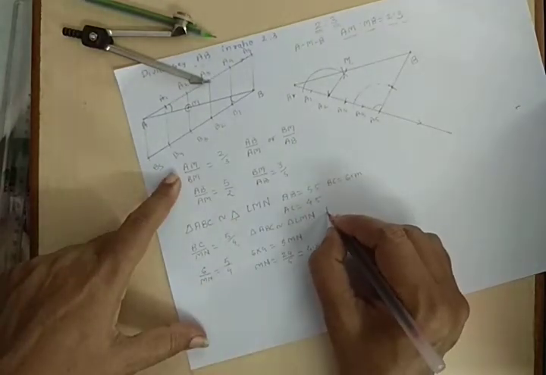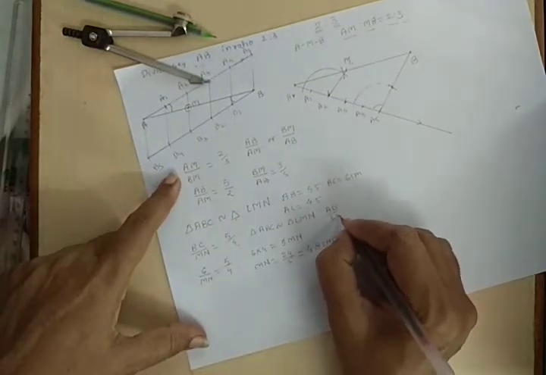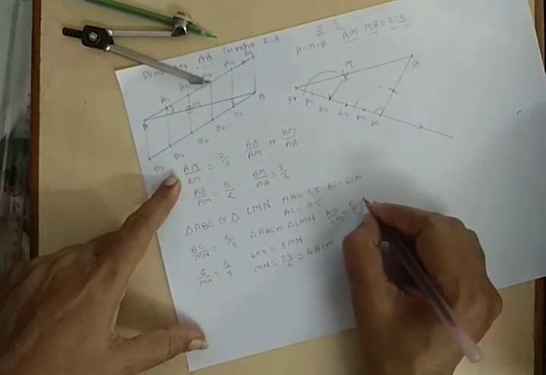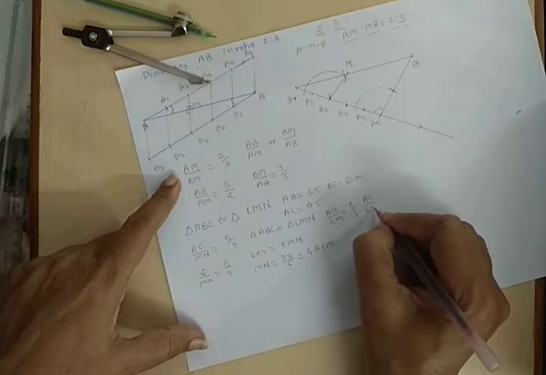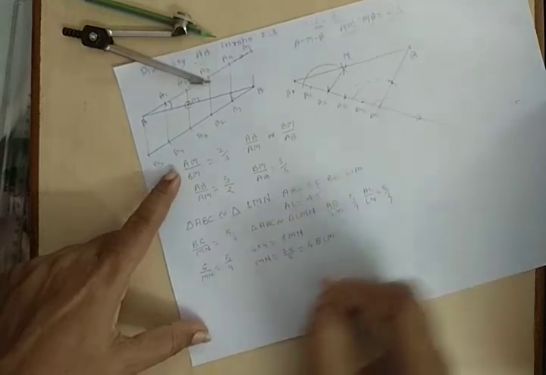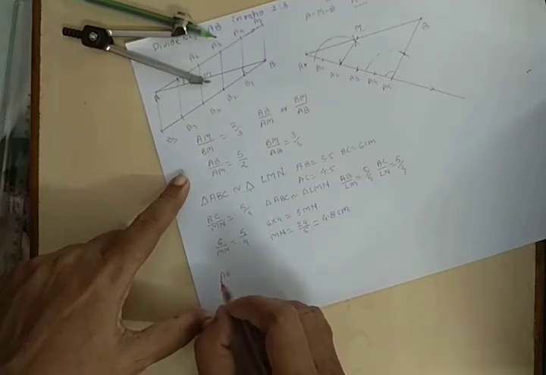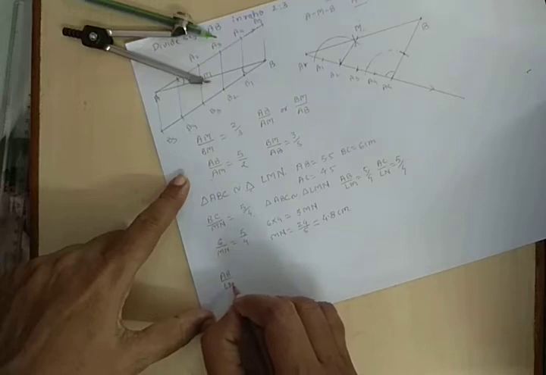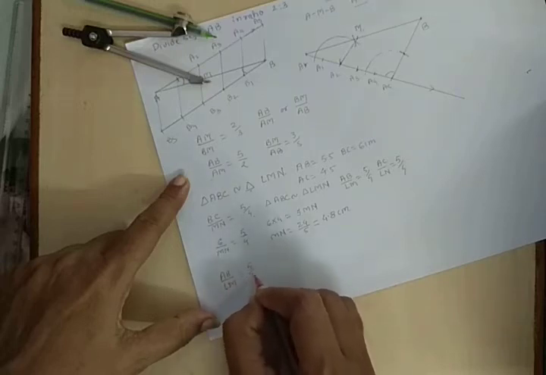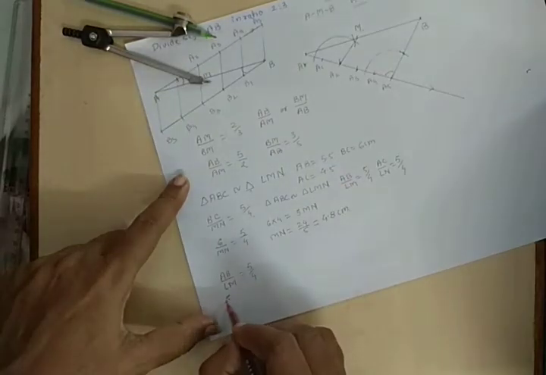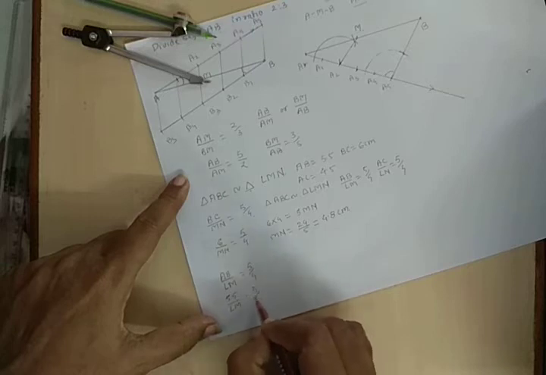That is, AB upon LM is equal to 5/4, or AC upon LN is equal to 5/4. Therefore, AB upon LM is equal to 5/4. That gives us, what is that? 5.5 upon LM is equal to 5/4.